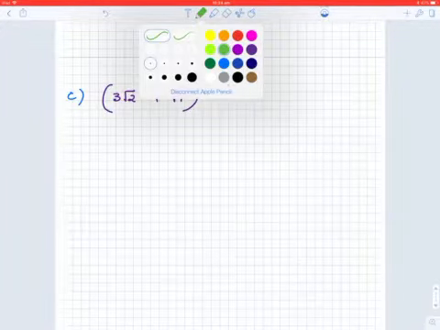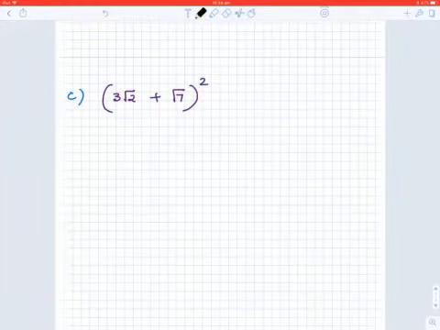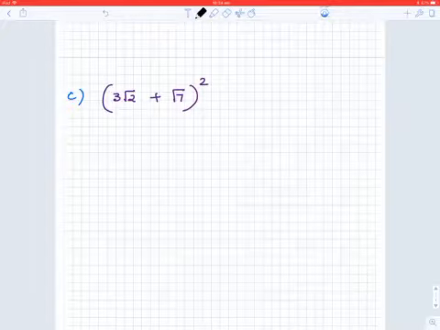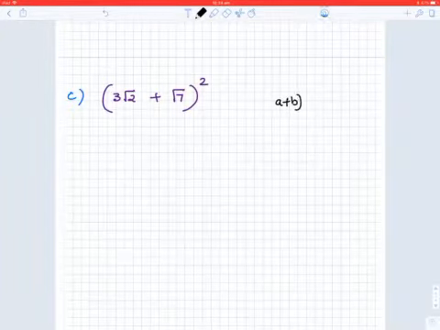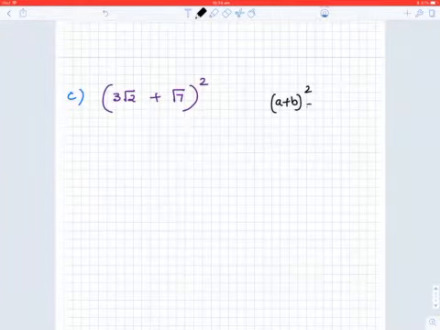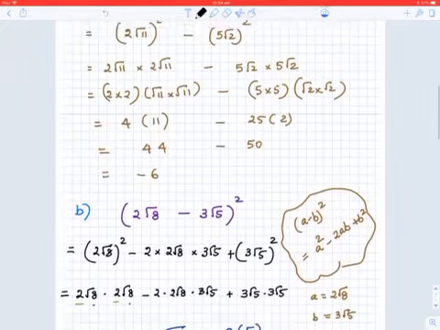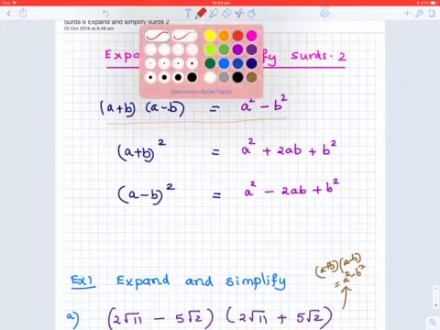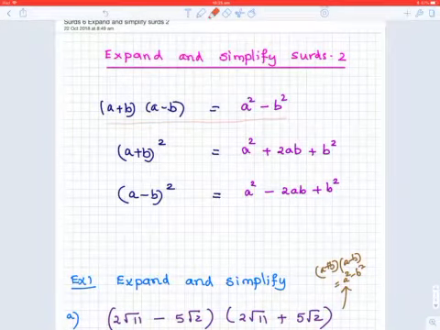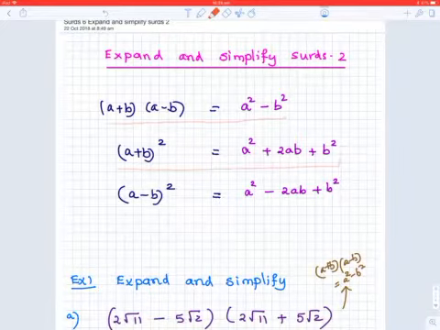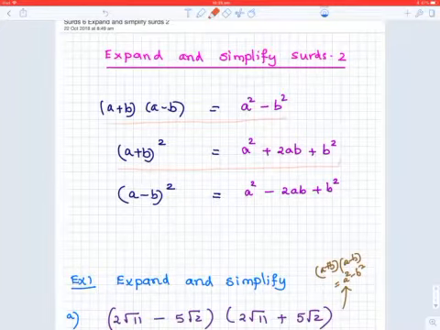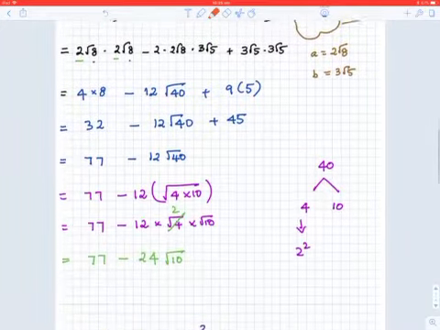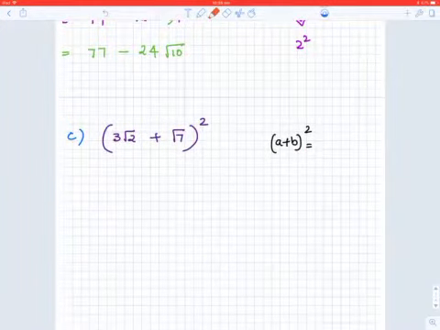Let us go to the next question. When you go to the next question, it looks like this is of the form a plus b the whole square. a plus b the whole square equal to a square plus 2ab plus b square.